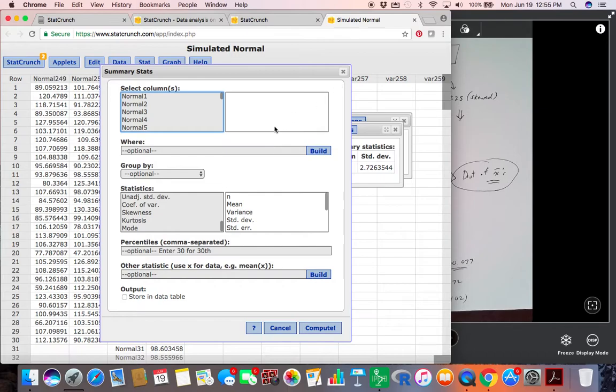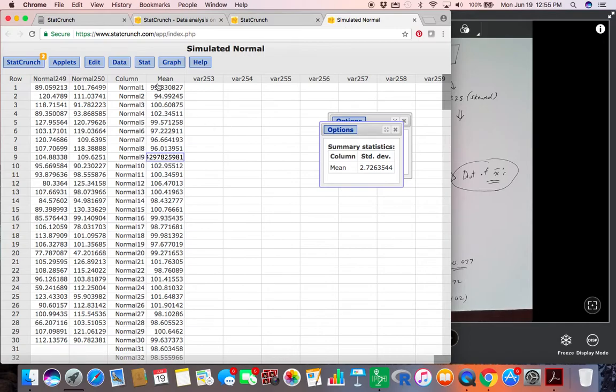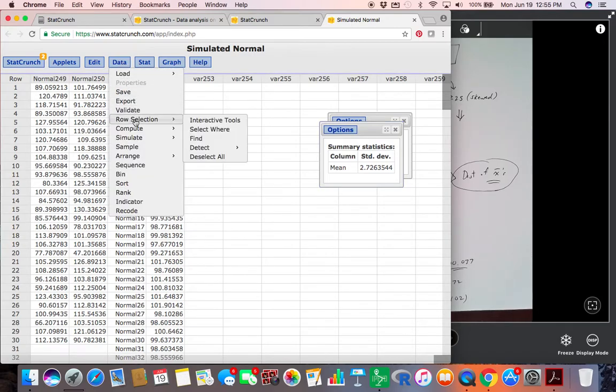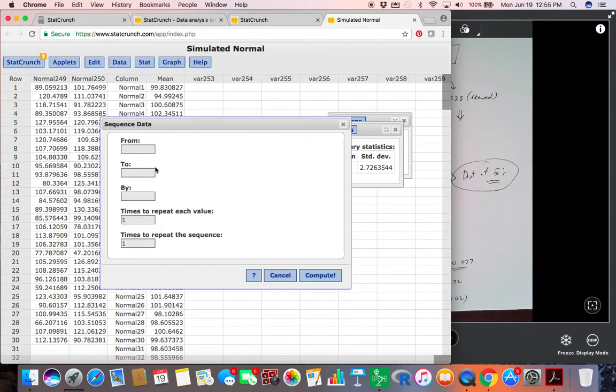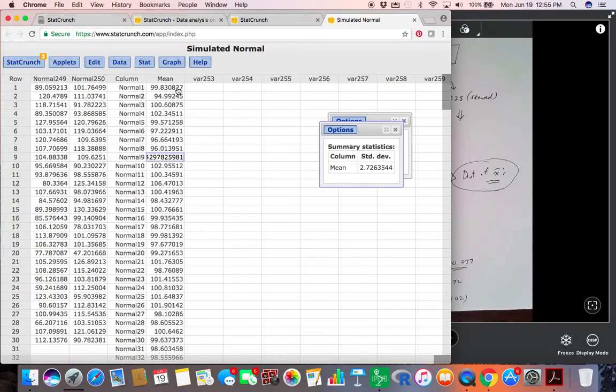I know there's a way you can do it, but let me see. There's a way to arrange. Well, sequence maybe. Well, anyway, I could arrange this from low to high, and go through here and count the ones that are greater than 102. Take that count divided by 250, I would get the probability. That's an empirical probability. For the theoretical probability, I'd need to do more than 250. I'd need to do it forever.